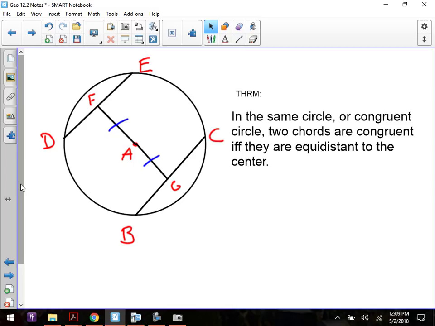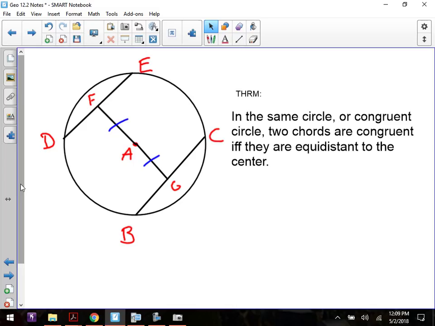Same thing goes for this one. If two chords are equidistant to the center, then those chords have to be congruent. All right? If two chords are congruent, then the two chords are equidistant to the center. Now, when we did that in this crazy diagram, we didn't draw it as equidistant. We drew it via the radii.